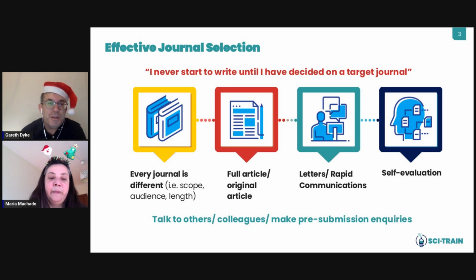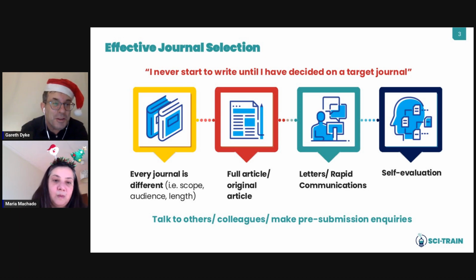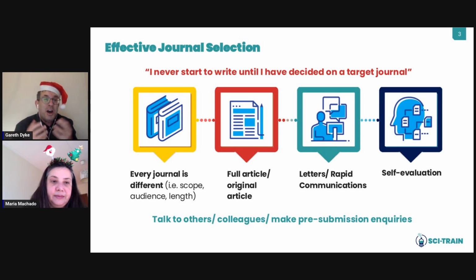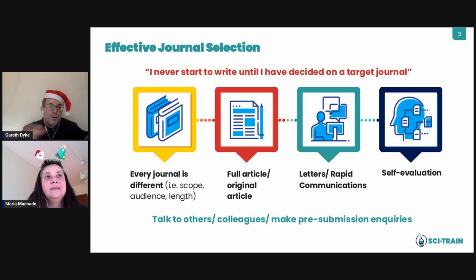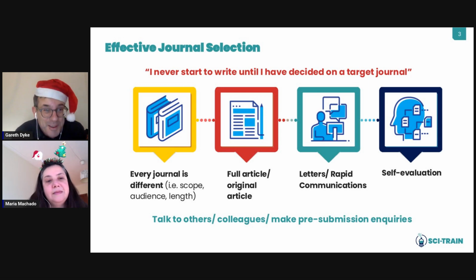Ask them about their experience. Yeah, we usually recommend in our workshops that it's a good idea to have selected a target journal before you start to write. And that's really important. Would you agree with that, Maria, that having a target journal in mind before you start putting a paper together is a good strategy as a researcher?